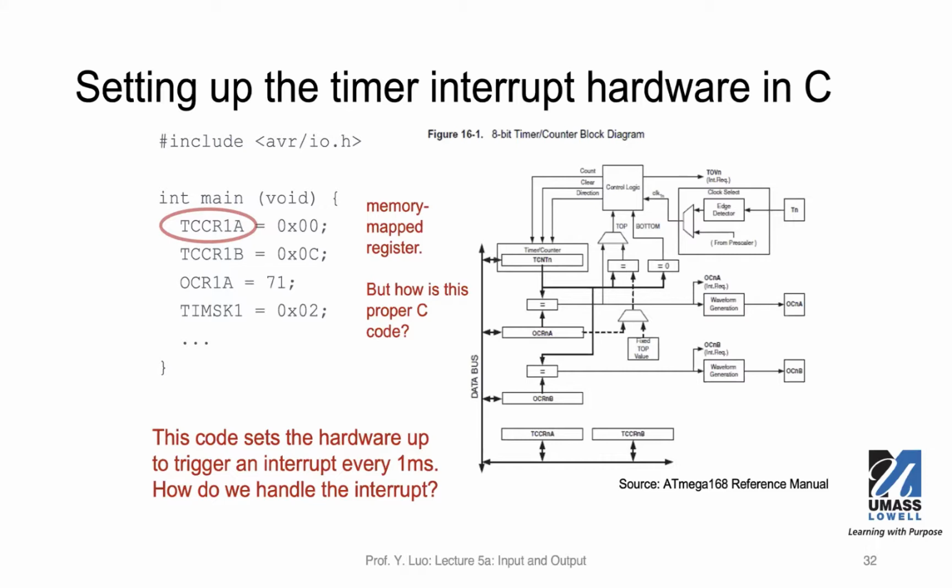But we'll see shortly how these register names are translated into actual code at low level for C compilers to properly handle these addresses. On the right side, I don't want to go into details. These are the logical functional diagrams for this timer.